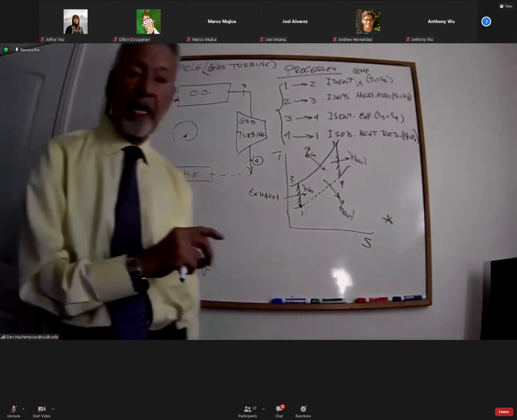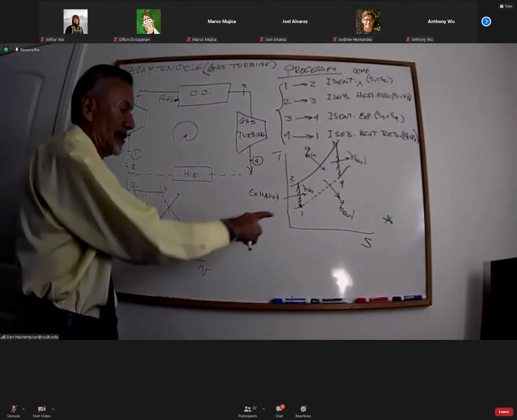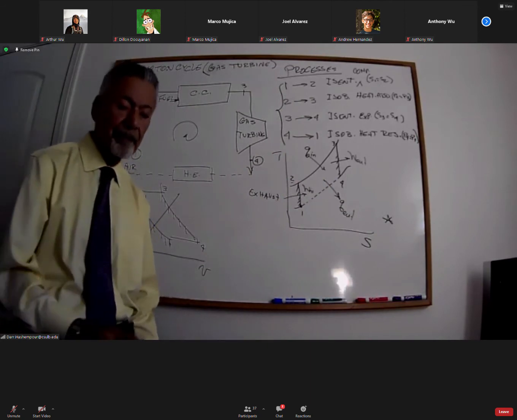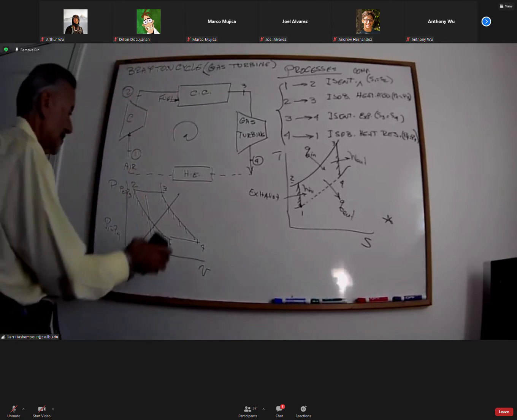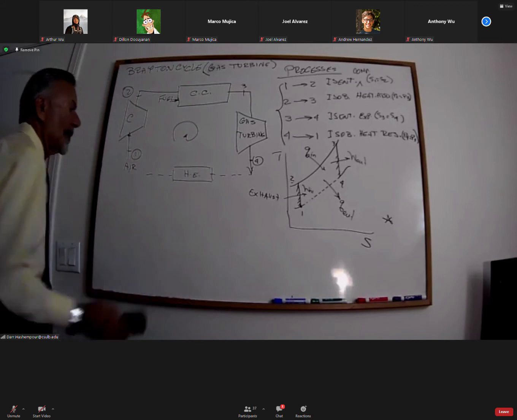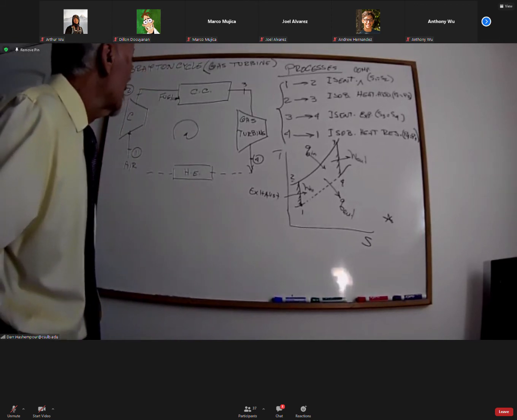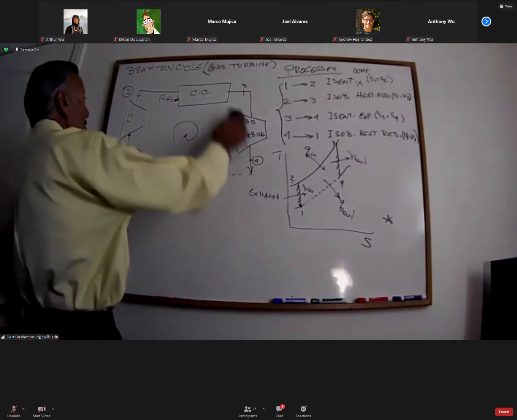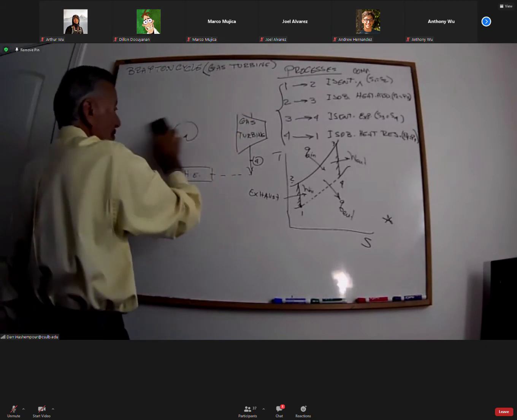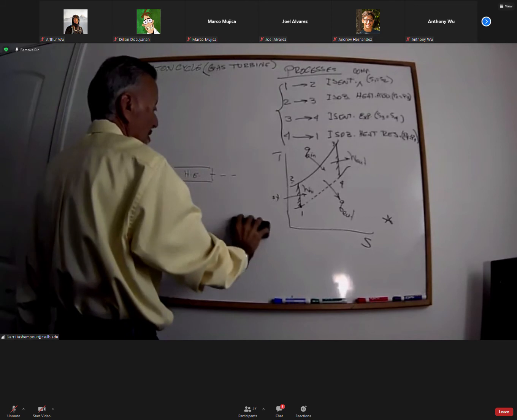Now for the gas turbine or Brayton cycle, you need only the TS diagram. That's it. You don't need anything else. Any questions so far? No questions. Okay. I need to erase this equipment arrangement, which is the same thing you have seen before. The only difference is that instead of an engine, I put a gas turbine.